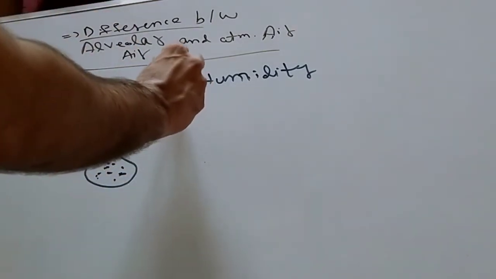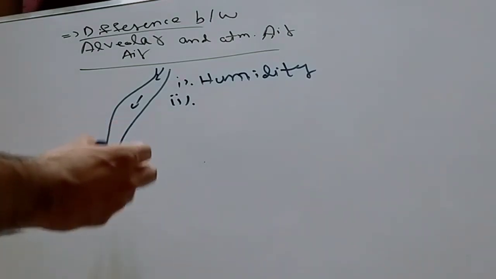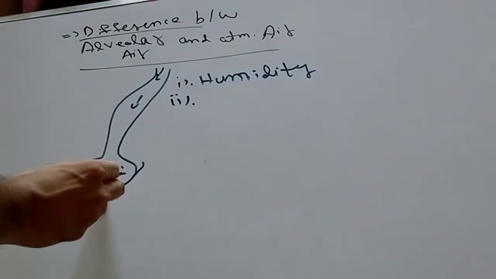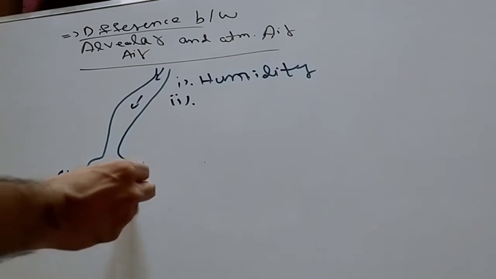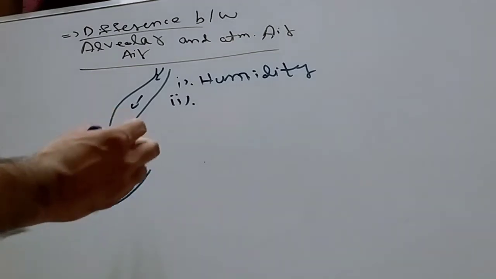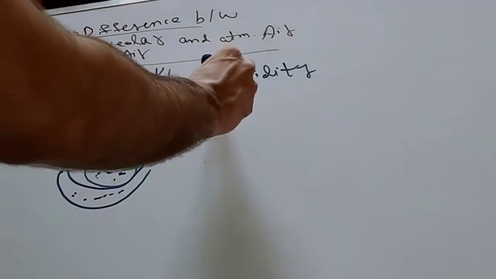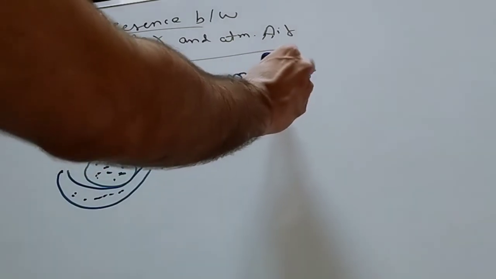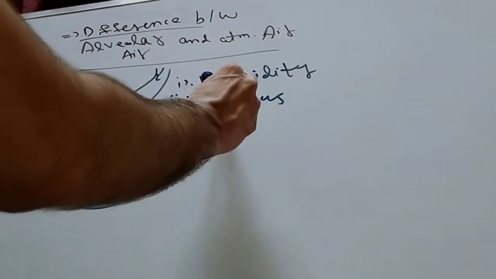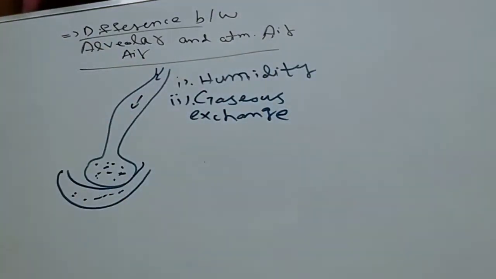Second, when the air reaches the alveoli, gas exchange occurs. Oxygen gets absorbed into the capillaries surrounding the alveoli. These are the red blood cells here, and the carbon dioxide is diffused into the alveoli. So gas exchange occurs. These are the two differences between the alveolar air and the atmospheric air.